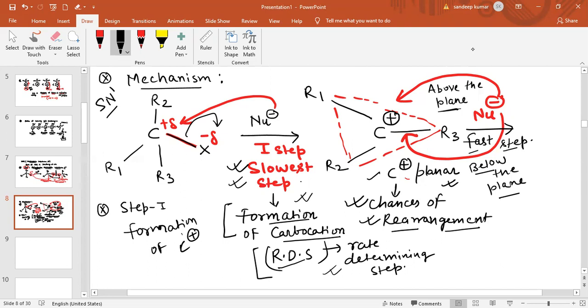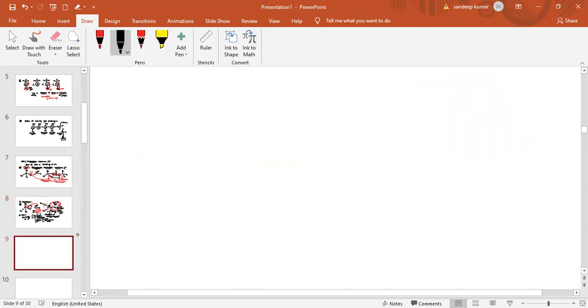So the products obtained after the attack of the nucleophile are basically like this. You can see this is the planar carbocation. This is R1, this is R2, and this is R3, and this is the carbocation, which is planar, with trigonal planar geometry.